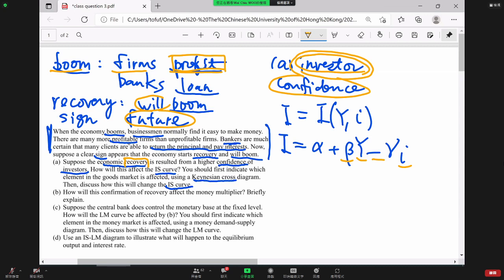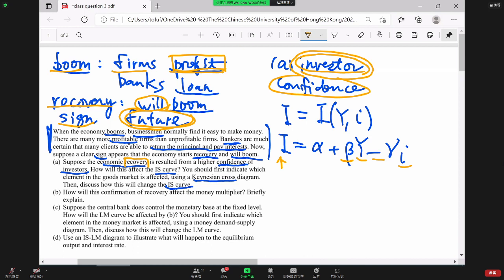But now it is a sign of recovery, so that is something happening in the future, not something happening currently. That will induce you to invest more, right? If you are more confident, you might want to invest more because of a better future, because of the higher profit.